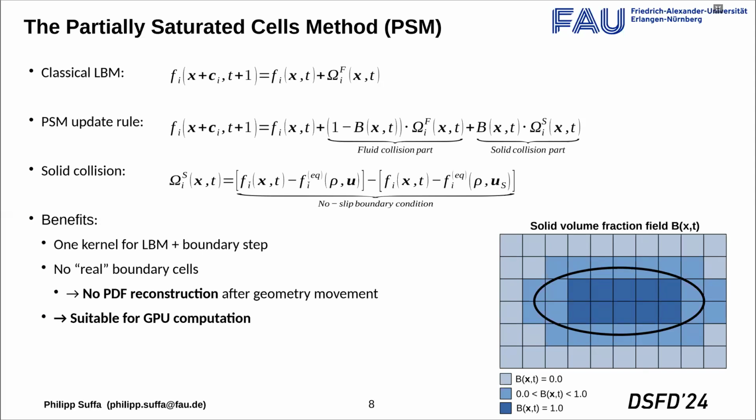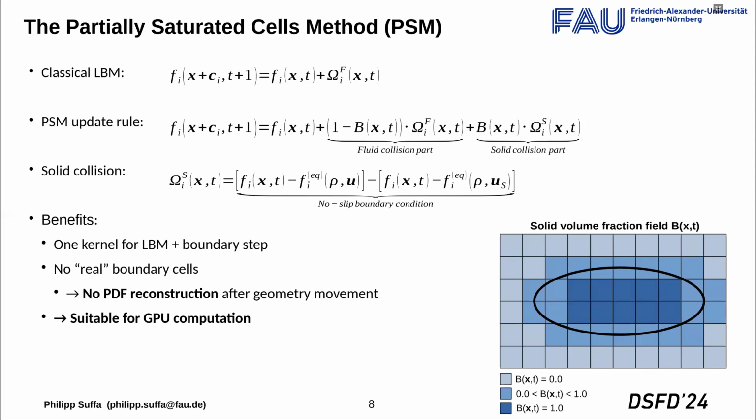Why we do this is, first of all, we have only one kernel for LBM and boundary steps. That means that we can run over our whole LBM field and do only one update rule for the whole field, which is also very good in terms of consecutive memory accesses and therefore very suitable for GPU. The even bigger advantage is that this talk is about moving geometries.